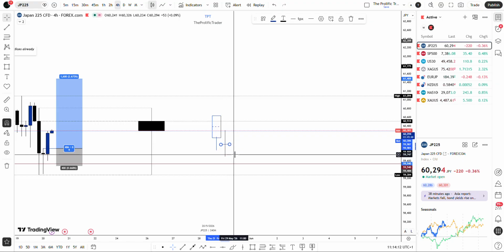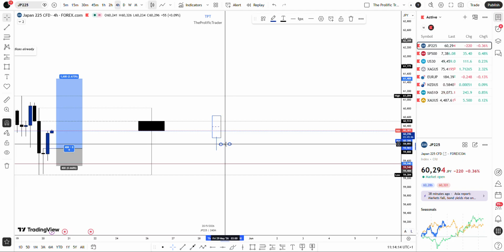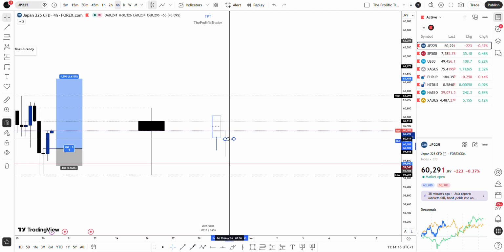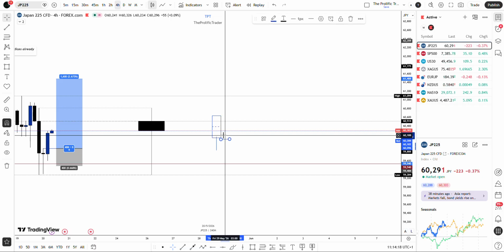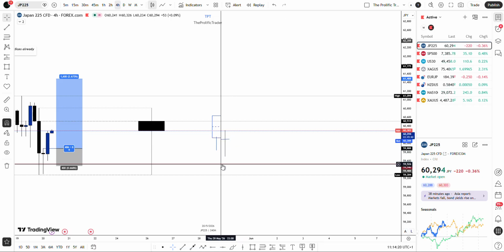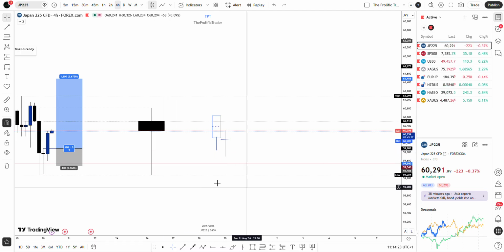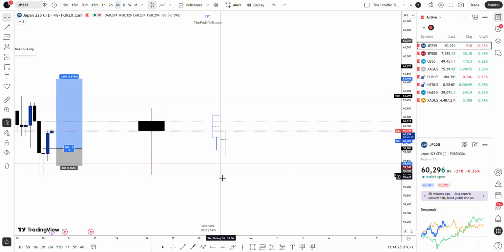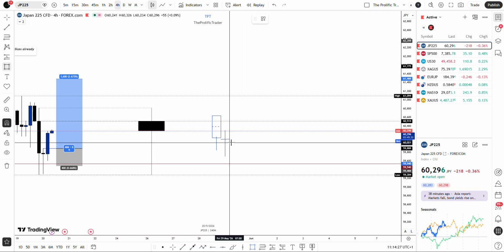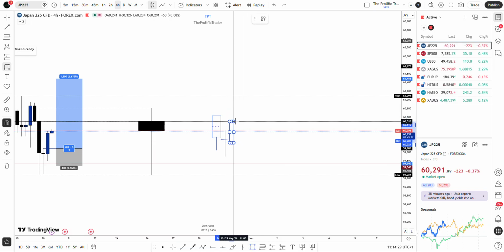All right. So I'm going to push that up a bit to the entry area. Good. So you have this reacting from, like I said, the relative bottom, okay? And then you have your impulsive candle this way to the upside.